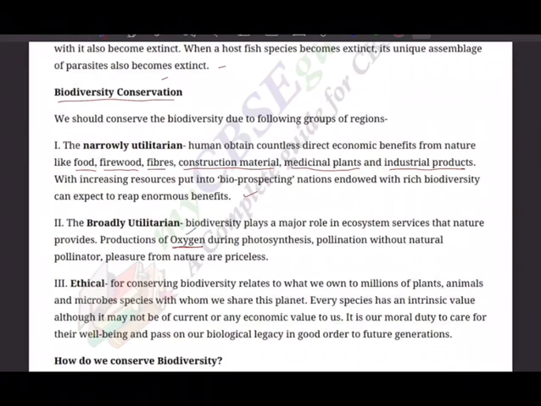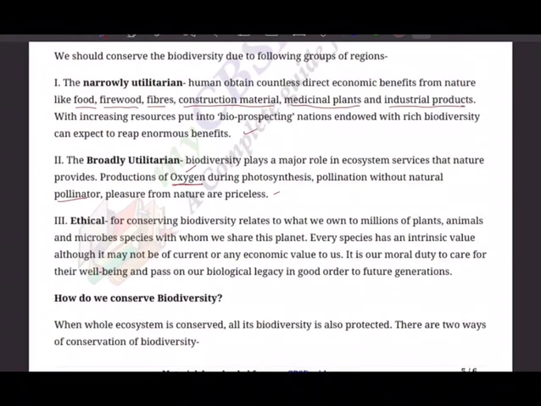And during photosynthesis, oxygen is the byproduct. And pollination, without natural pollinators, is not possible. Pleasures from nature are priceless. Whenever you are in stress, whenever you are in tension, have a walk around in the greenery of your garden. You will become normal. That is the blessing of nature. Hence, we need to put a lot of greenery in and around our houses. And without any miss, you need to go for it.